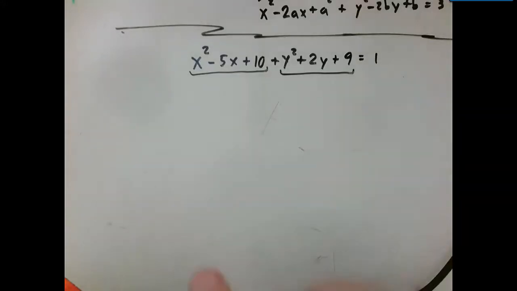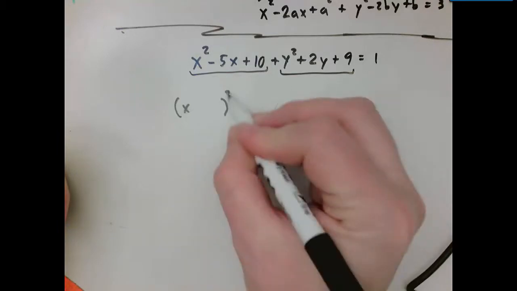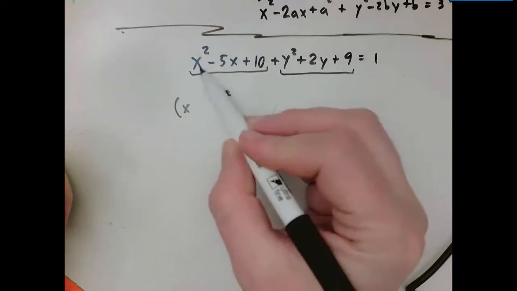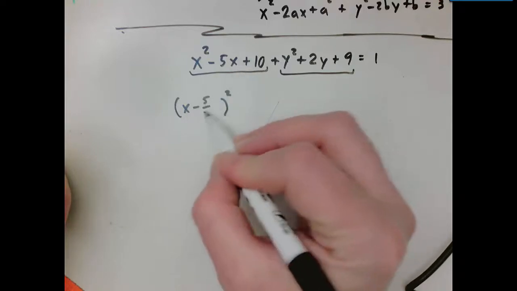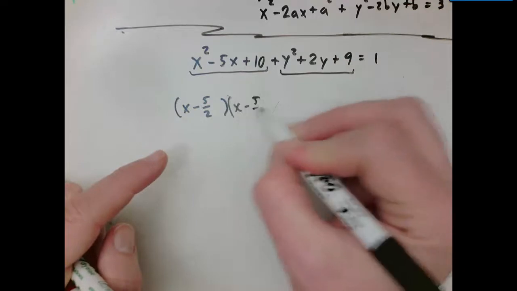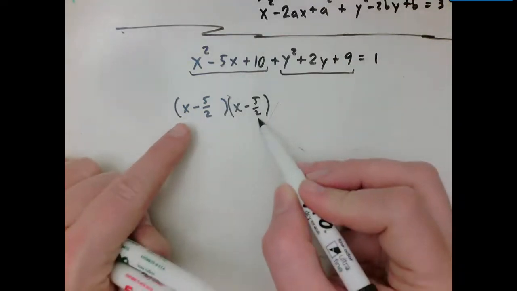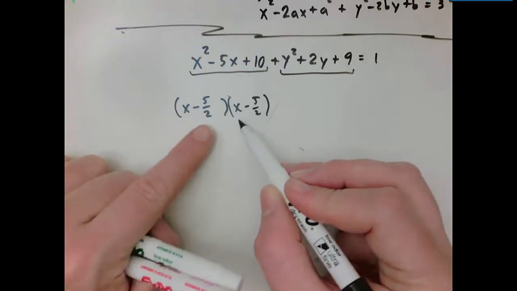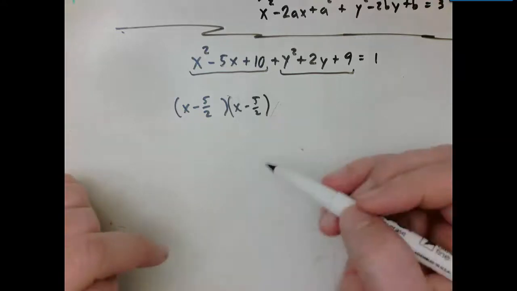All right, so if I'm going to complete the square for this left side, I've got x times x will be x squared. This must be 5 halves, because if I expand this, I'll have the x squared, I'll have minus 5 halves, and another minus 5 halves, and when you put those together that gives me negative 5 total.